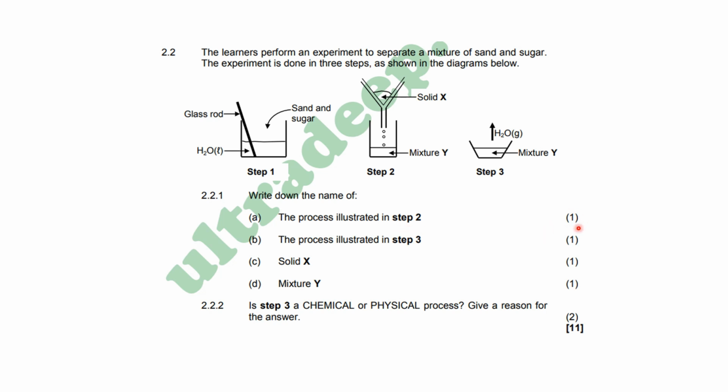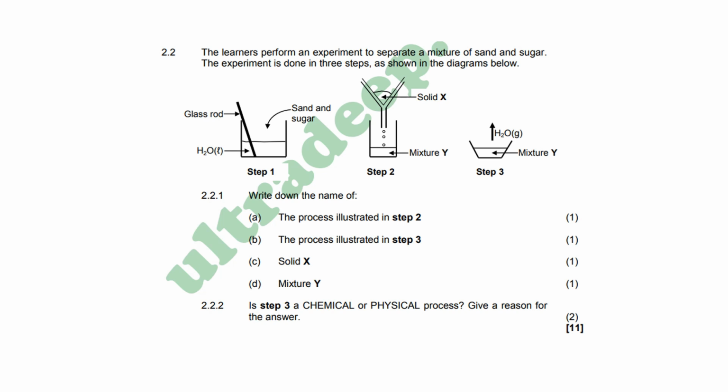So what process is this that is illustrated in this step? In this step, we have the mixture of sand, sugar, and water being filtered through the use of a filter paper and a funnel.